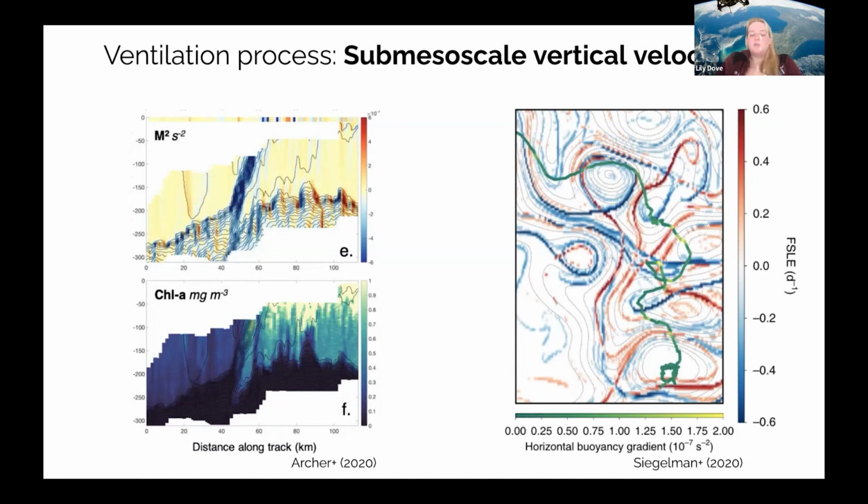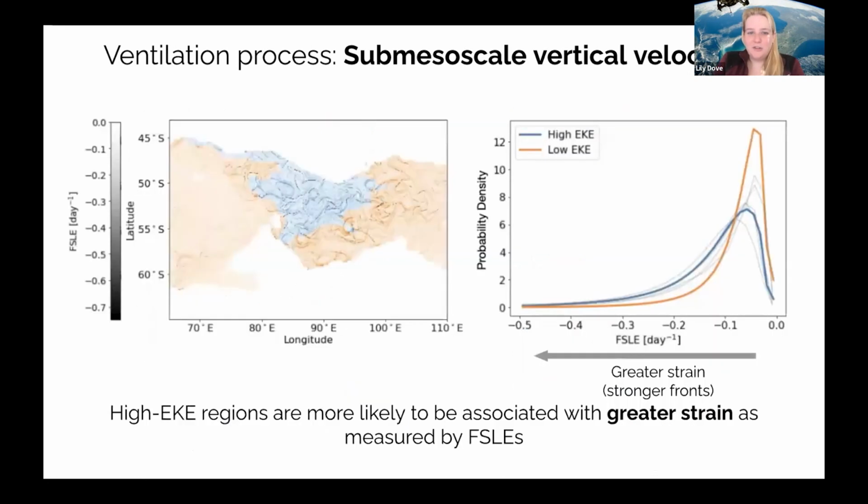It's difficult to really put values to this just yet, but what we can see is that regions of high eddy kinetic energy, once again in the blue, as compared to the low EKE regions in orange, have stronger FSLE values or greater strain and potentially stronger fronts, submesoscale fronts, than the low EKE regions.